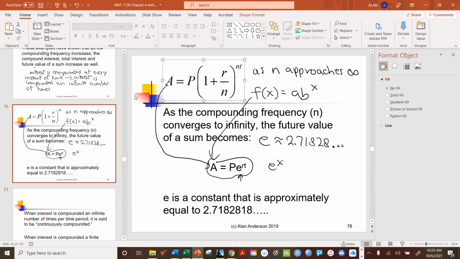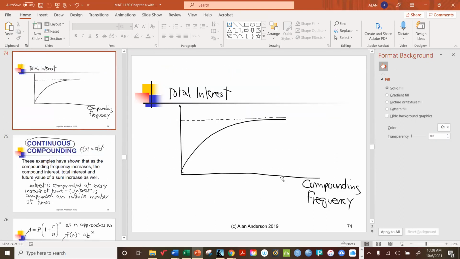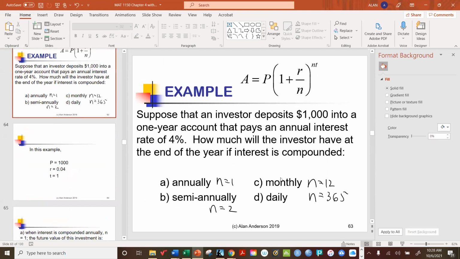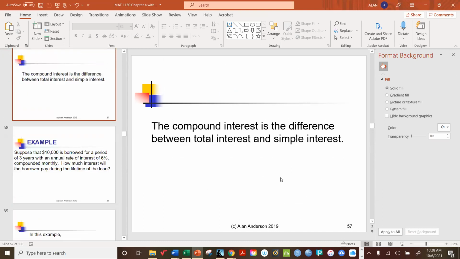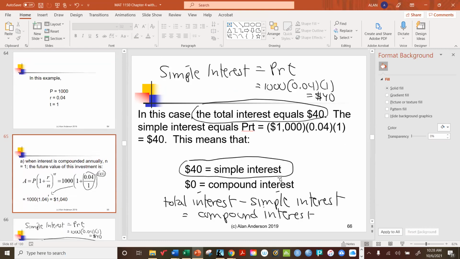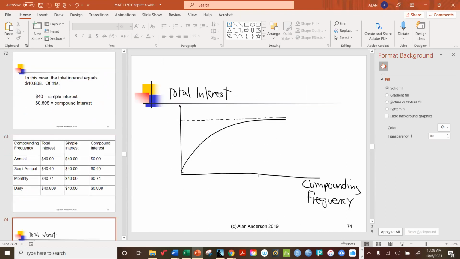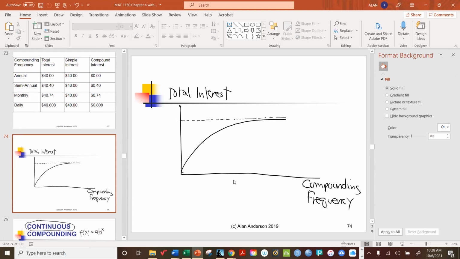So anyway, this is the real world example that I wanted you to see of exponential growth. All right, so only the special case of continuous compounding actually represents exponential growth. The others are close, but they're not quite there.